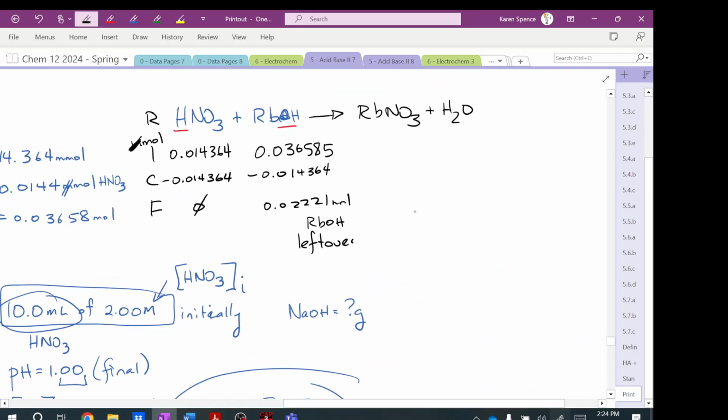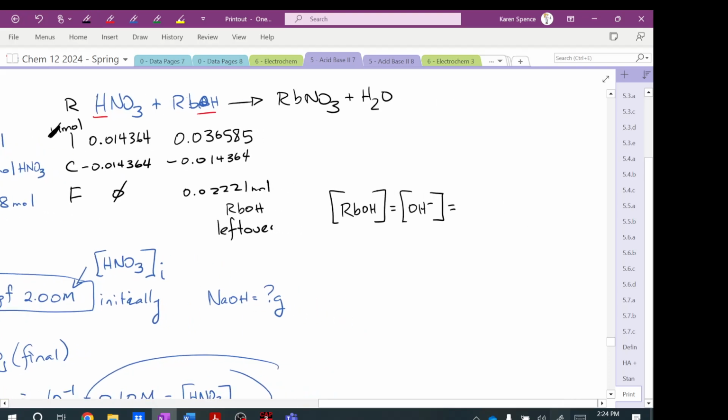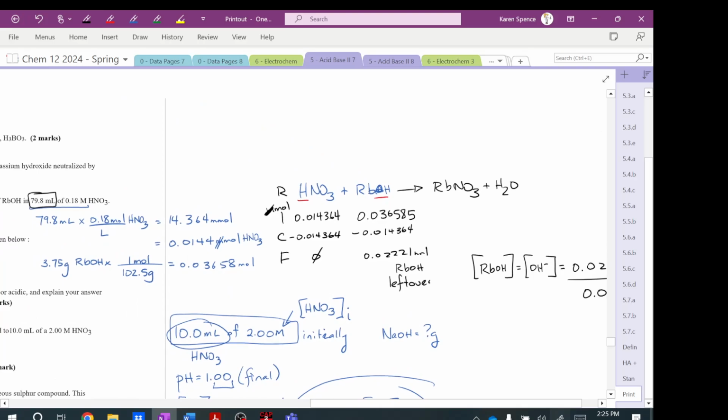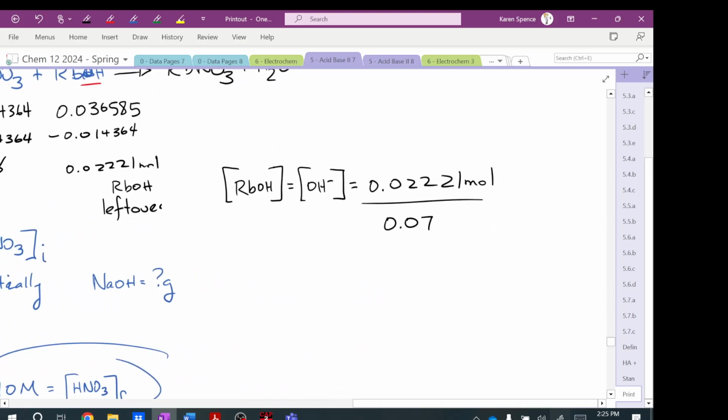So the concentration of the RbOH is equal to the concentration of OH minus, because they're 1-to-1, which is 0.02221 moles divided by our volume, 0.0798 liters.